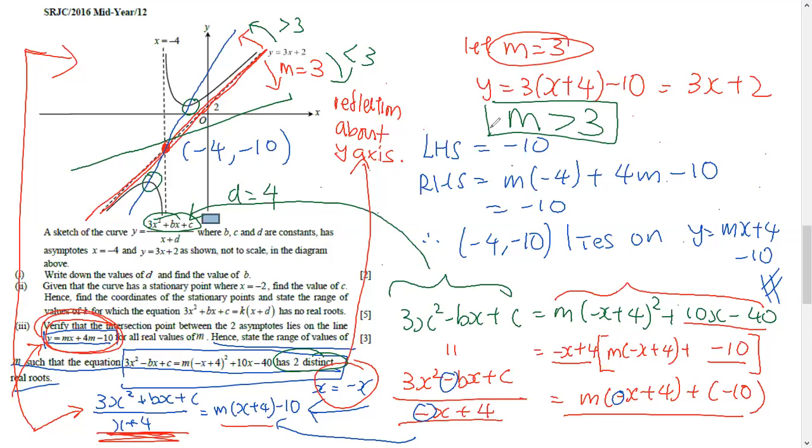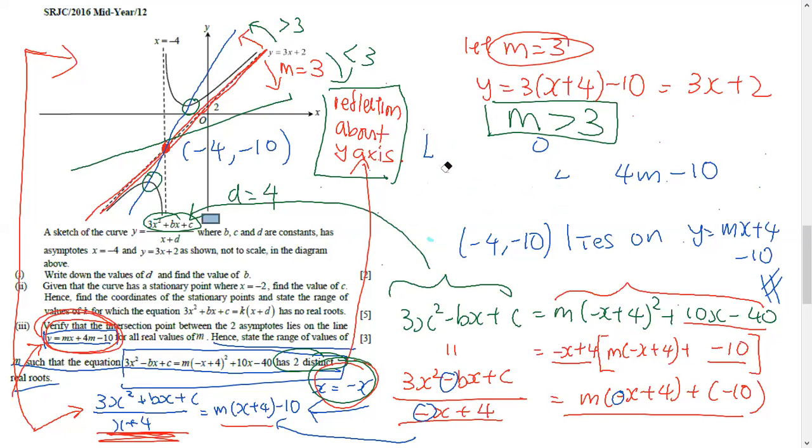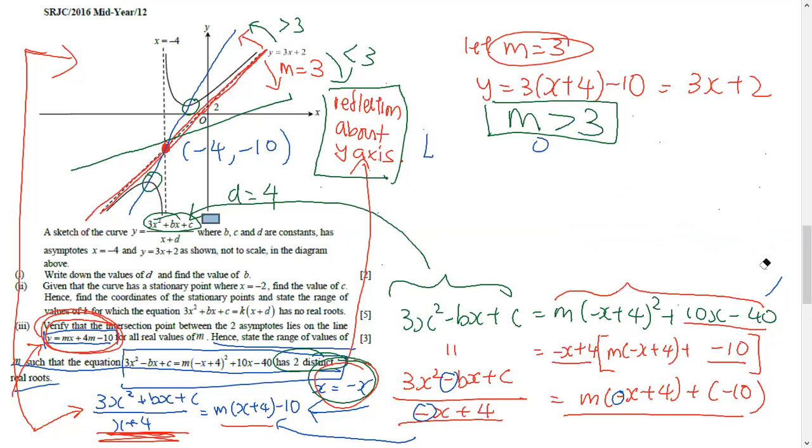But then the question is, we haven't dealt with the transformation yet. The transformation of x equals minus x, which is a reflection about the y-axis. Meaning to say the whole graph will be flipped around. So let me just erase this. Instead of drawing this way, the whole thing is flipped to the other side.